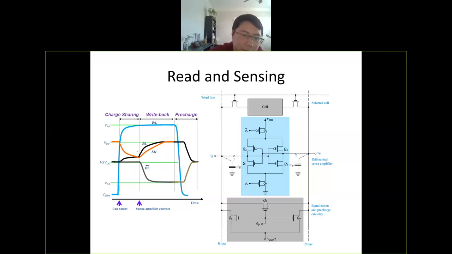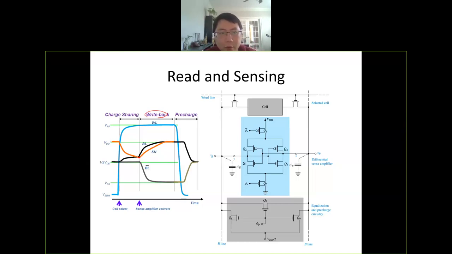So here we need to consider this write-back process, how to recover this SN voltage. Because at this moment, due to the charge sharing, we develop the delta V on the bit line, but at the same time, the storage node voltage has decayed. So we want to bring it back.